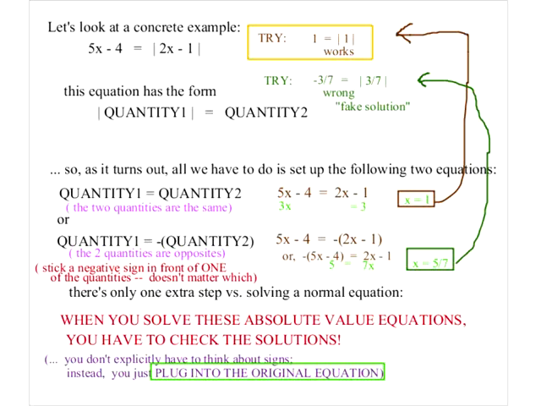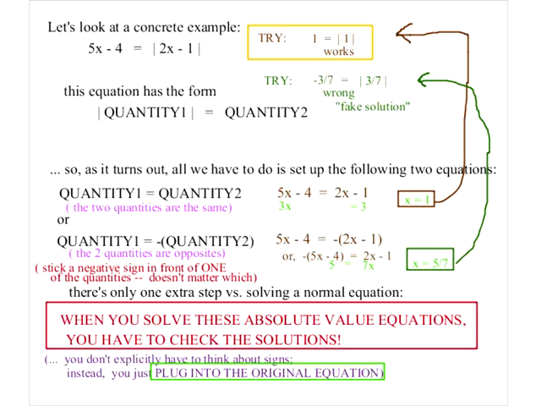The question in the text box is, should we need to check all the time? This is written down here in big red capital letters for a reason. When you solve them, a lot of the time you will get fake solutions. In fact, most of the time you will. It takes a pretty concerted effort to design a problem like this that doesn't have fake solutions. It can be done, but it's hard.